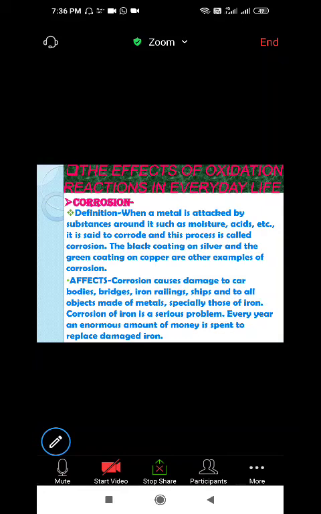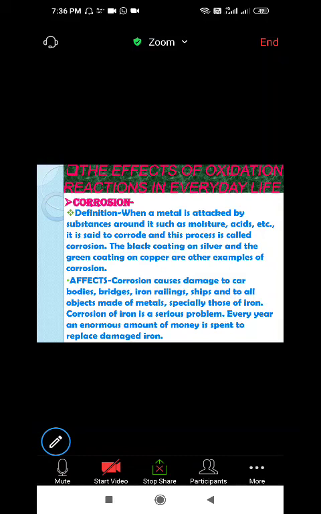So this corrosion changes its property. The surface will not be iron anymore; it will be considered iron oxide. It will form its oxide. Clear, everyone?